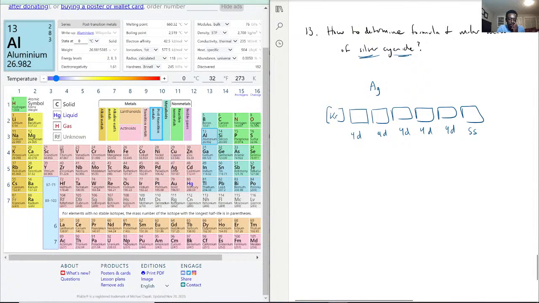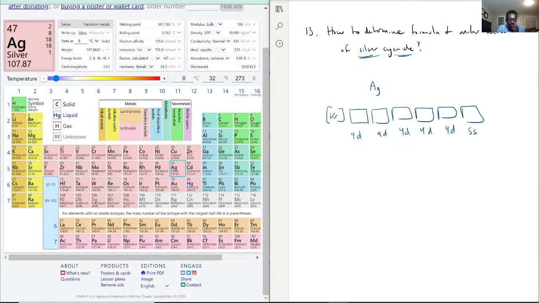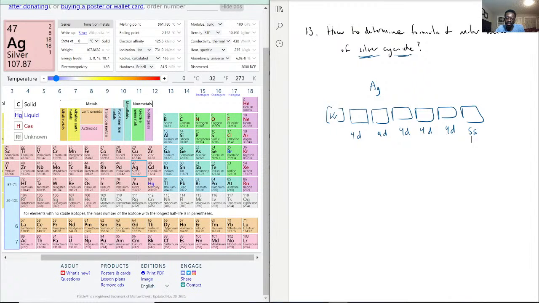Because you can see here, it's on the 5th row, okay? And it's going to be 5s2, or so we think in the beginning, and 4d9, it seems.